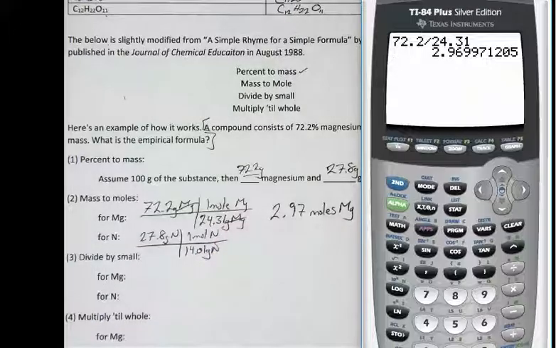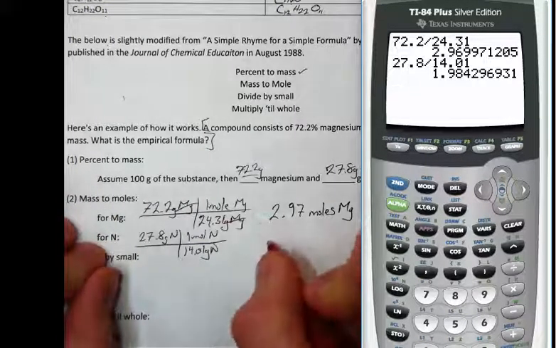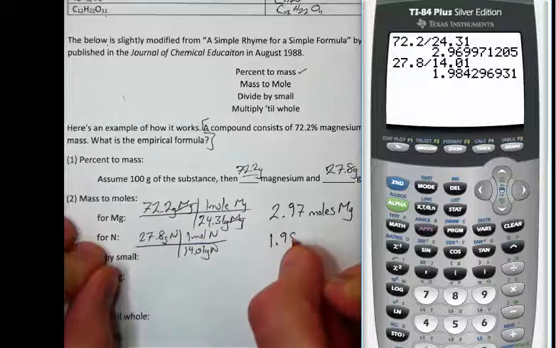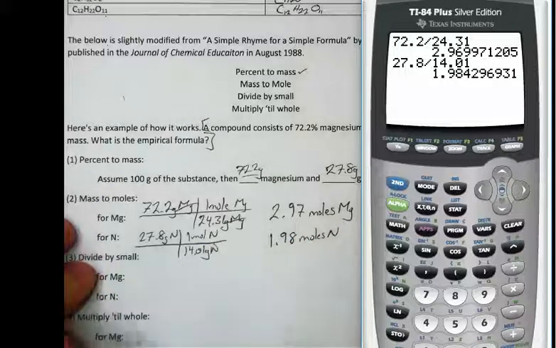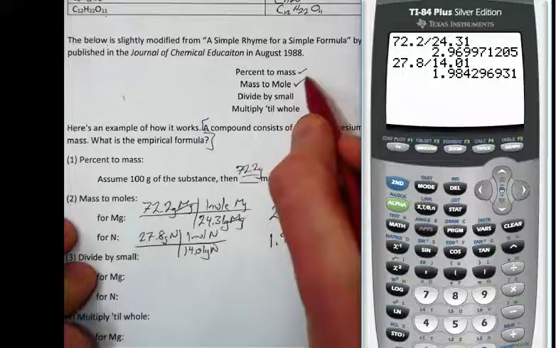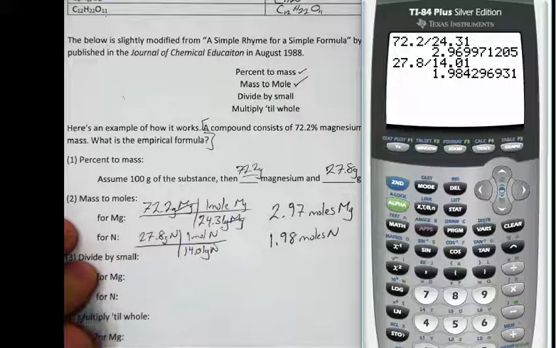So 27.8 divided by 14.01. There we go. Gives us a grand total of 1.98 moles of nitrogen. Now, second stanza, mass to moles, is now addressed.